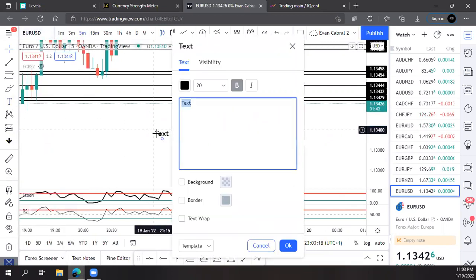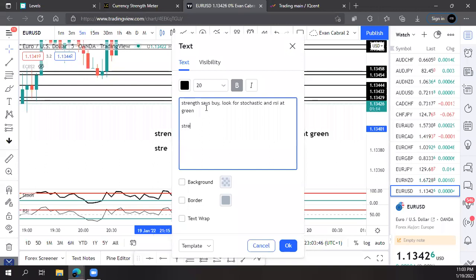This is what I always look out for, right? Anytime the strength says buy, look for stochastic and RSI at green, right? This is what I've been using and it has been helping a lot.